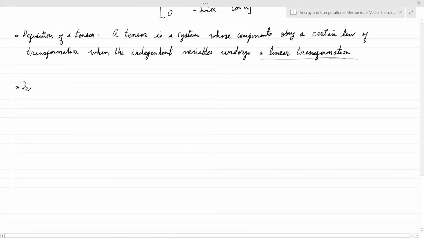So another definition that I want to provide is a first order tensor. And vectors are one such quantities.